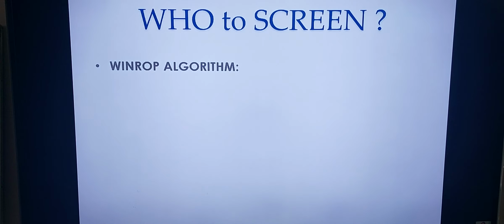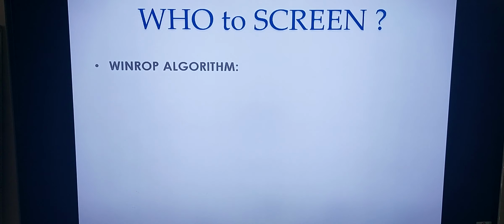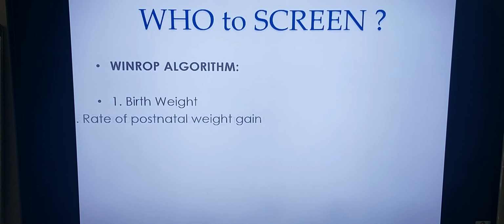Moreover, there are certain algorithms that have come into play and can predict quite accurately the chances of ROP being present in that patient. For example, WinROP is one of those algorithms.